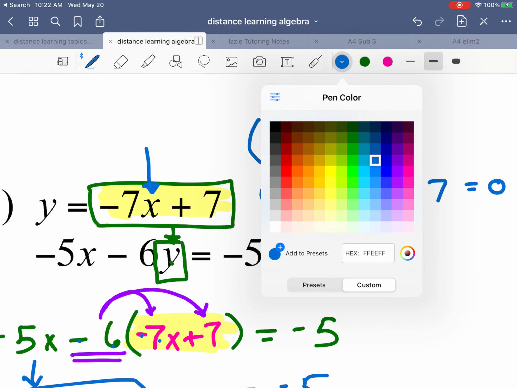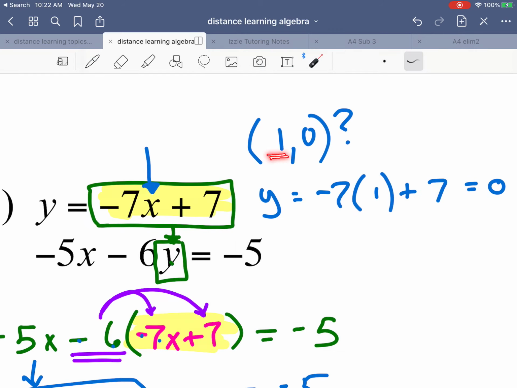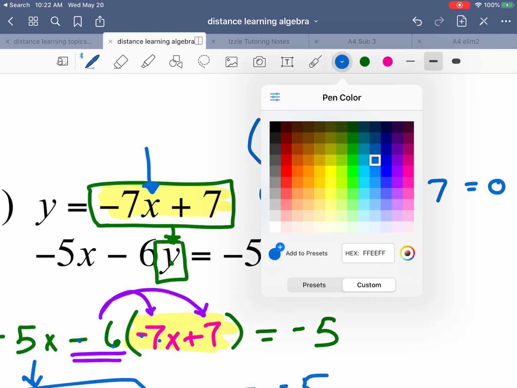And I'm going to confirm it by using the bottom equation. I'm going to take my 1 and plug it in here. I'm going to take my 0 and plug it in here. Okay, and that looks like this. I'll use a different color.